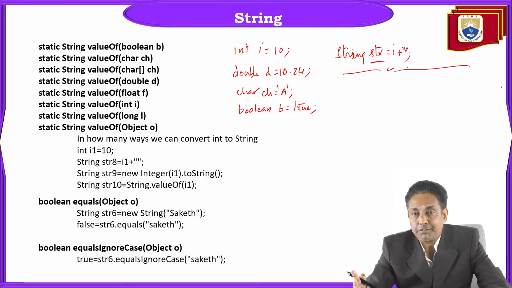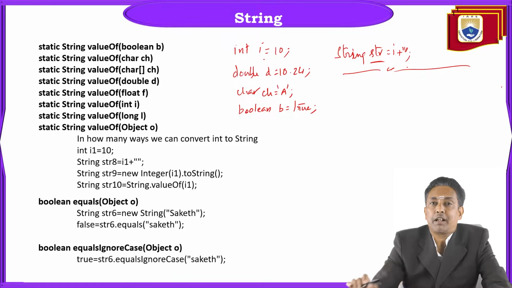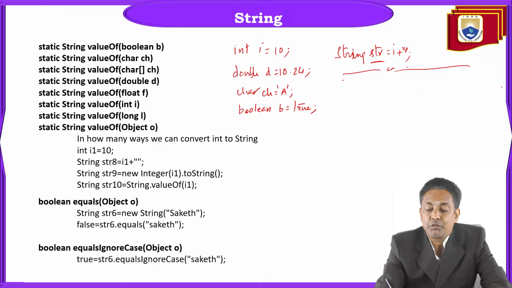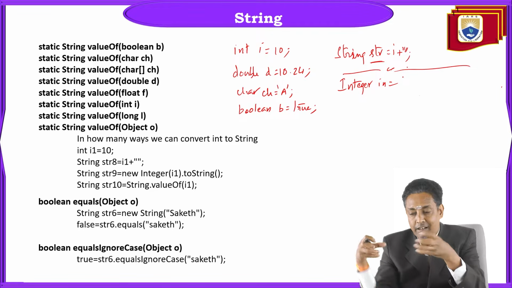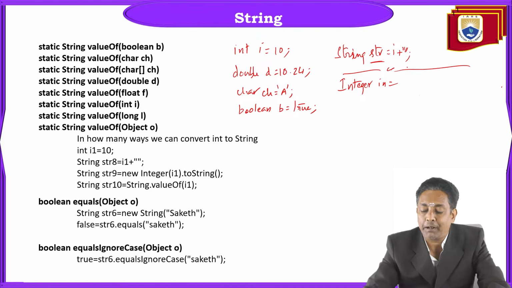For int, Integer; for long, Long; for float, Float; for double, Double; like that. For char, Character; for boolean, Boolean; like that. So for every primitive data type, one wrapper class is given. So what you do? You wrap. Wrapping means containing, taking and putting into something is called wrapping.